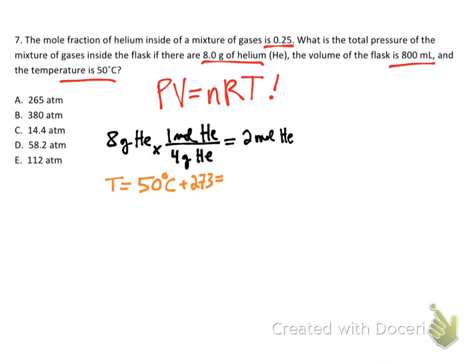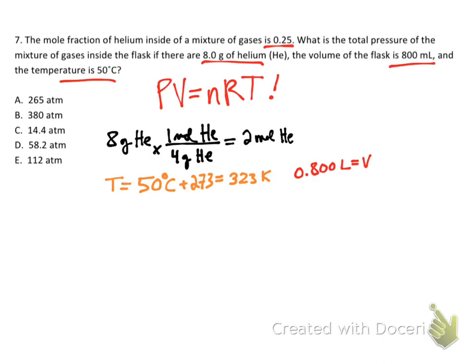So the temperature is going to be the 50 degrees Celsius plus 273 to turn it into Kelvin, which gives us 323 Kelvin. Then finally, we're told that it's 800 milliliters. If we divide by 1,000, we end up getting 0.800 liters. That's going to be our volume. Okay, now we have everything we need to solve for the pressure caused from helium.